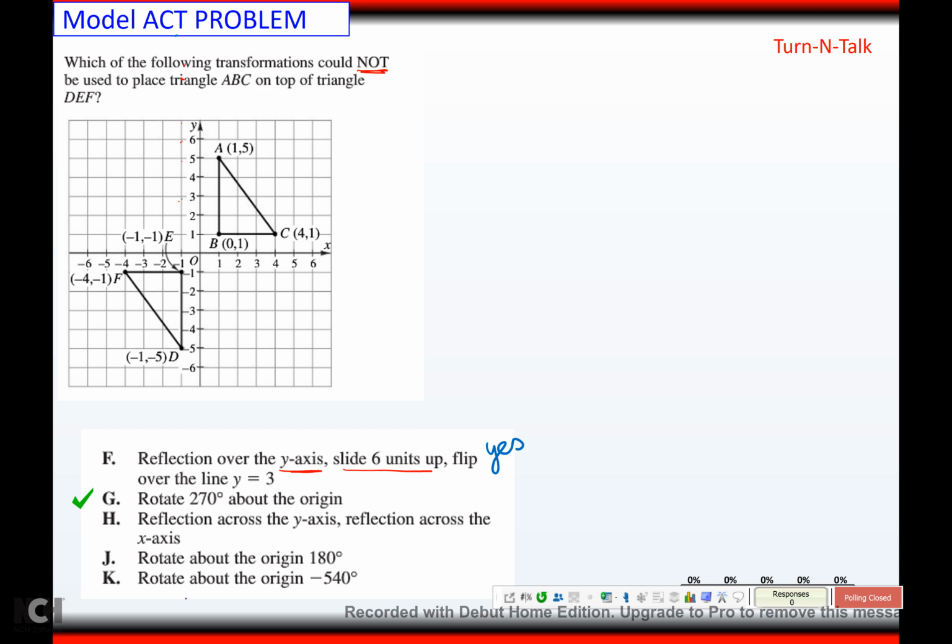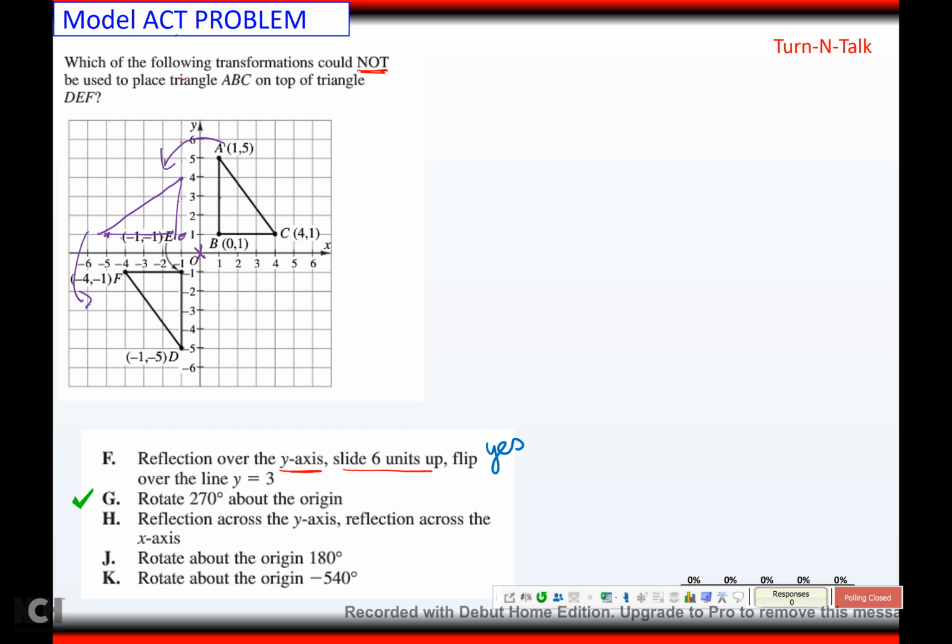So G, if I rotated 270 about the origin, well, this would be my point that I rotate around. So over here, and I don't draw rotations, so this is going to fall down 1, 2, 3, 4, 1, 2, 3. It's going to look like this when it flips 90 degrees, okay?